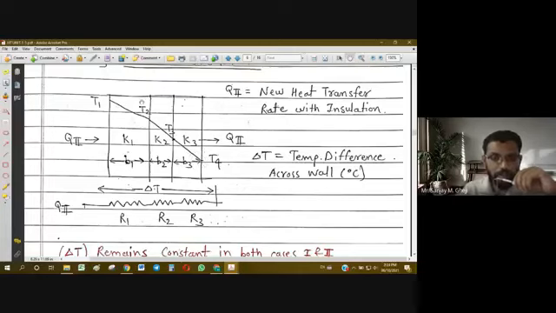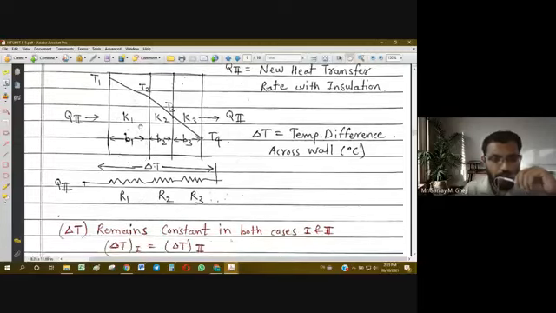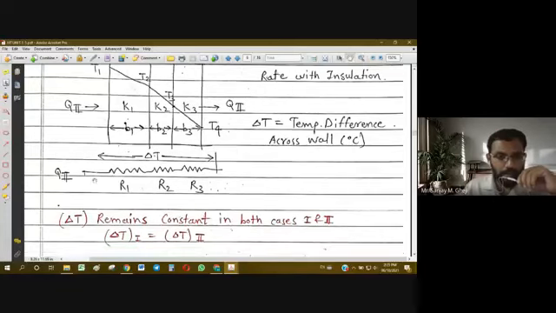T2 and T3 are the interface temperatures, and T4 is the outer or exterior wall surface temperature, and T1 is the inner wall surface temperature. Now these three thermal resistances R1, R2, and R3 are in series, and they form a series circuit. Q2 is the heat flow that flows through all R1, R2, and R3, and that remains common. And delta T is the temperature difference, just like potential difference across R1, R2, and R3.